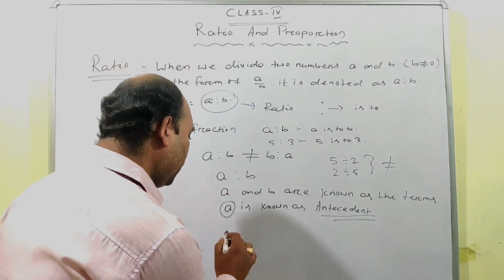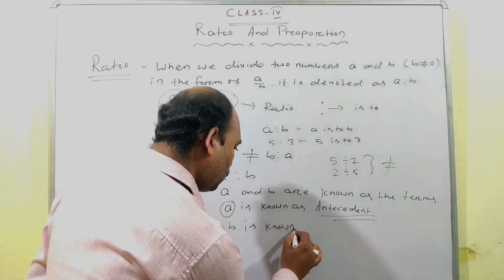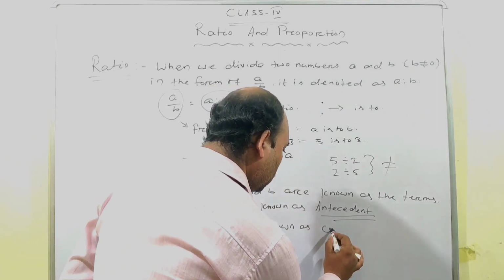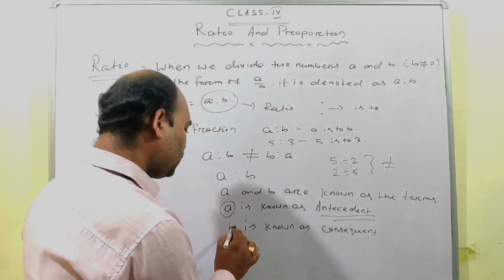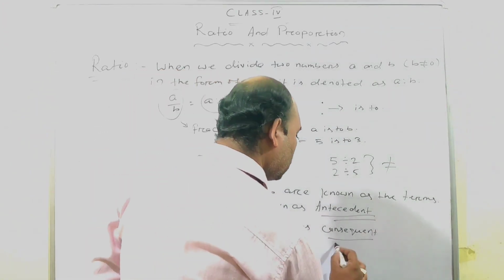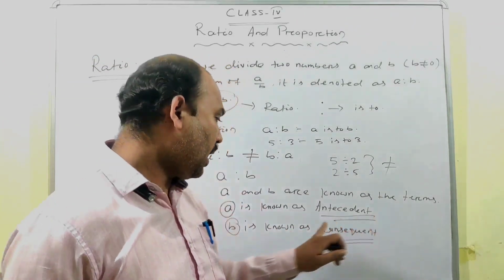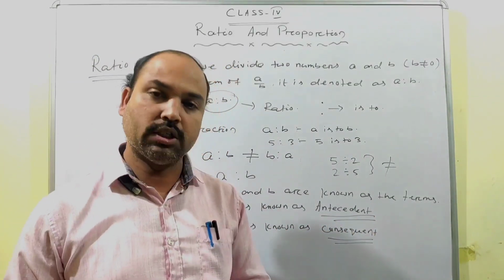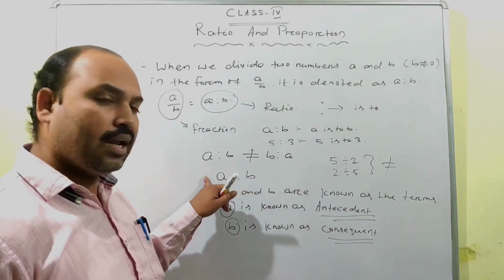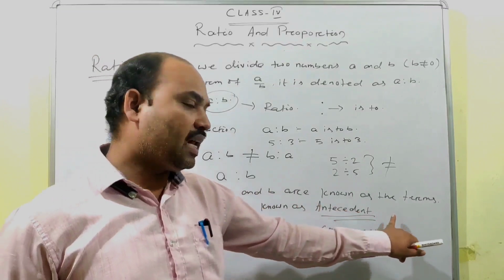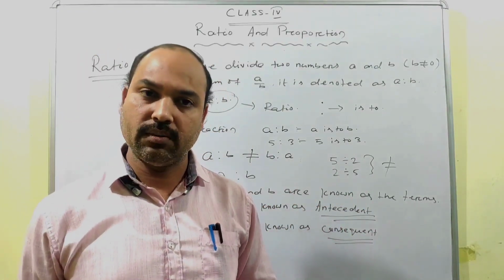And the second term B is known as your consequent. So here A is to B means A, the first term, is known as your antecedent and the second term B is known as your consequent.